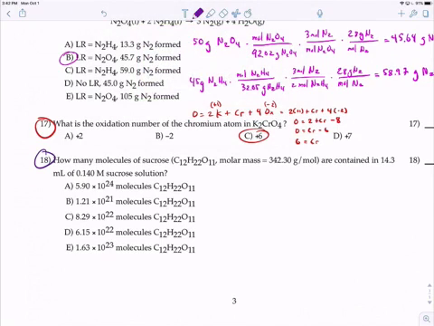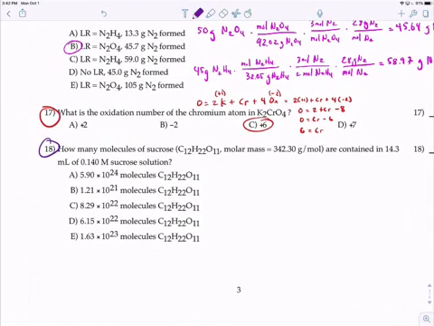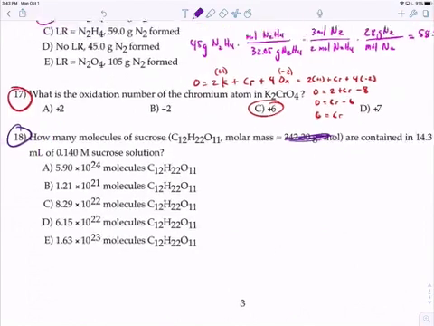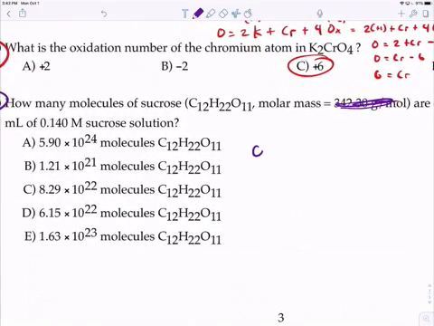Do purple. We haven't done purple yet. How many molecules of sucrose are contained in 14.3 milliliters of a 0.14 molar sucrose solution? So this is just meant to throw you off. You don't even need that information. So dimensional analysis again. 0.140 moles sucrose per liter.